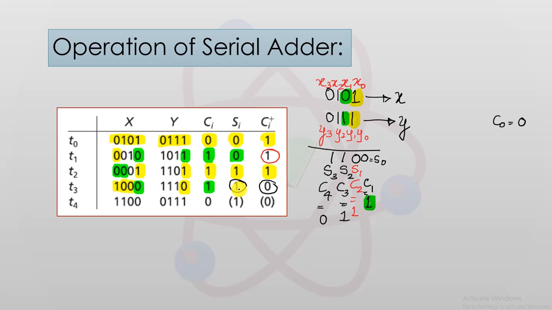So this sum now is going to be pushed to the MSB bit of the accumulator, and this will be S3, S2, S1, S0, and the cyclic shift of the addend register will reset the contents of the Y register to its original position. So you can see that at time t0 and at time t4 the contents of the register Y is exactly the same.